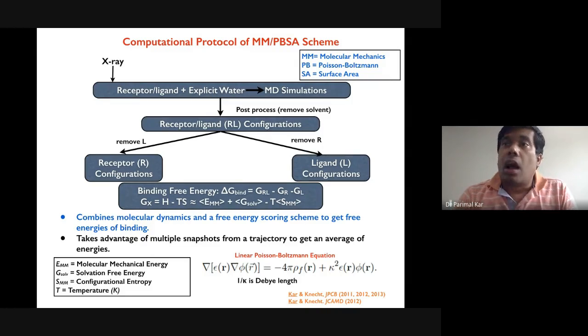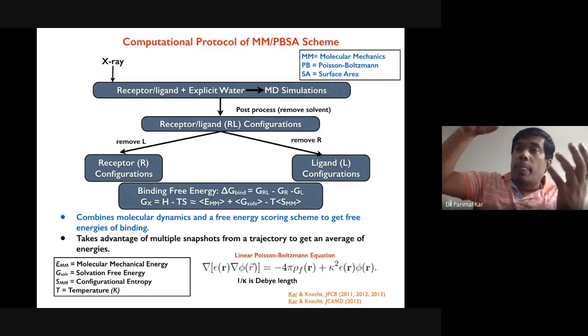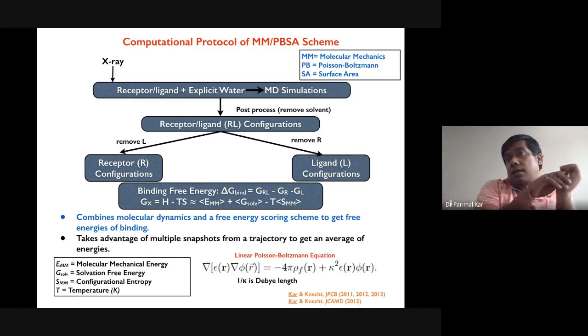So that means you are performing MD simulation to take into account the effect of solvent as well as the dynamics part. I told you that when you dock the structure, or if you start from an experimentally determined structure, those are nothing but a snapshot. It's a single conformation. But proteins are flexible molecules.